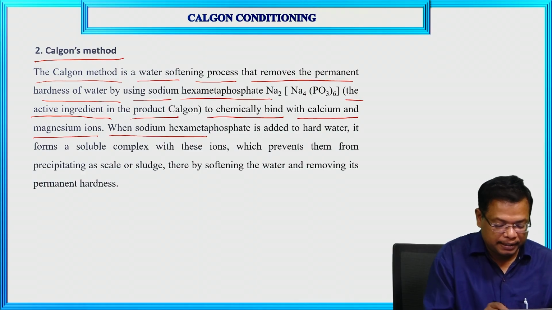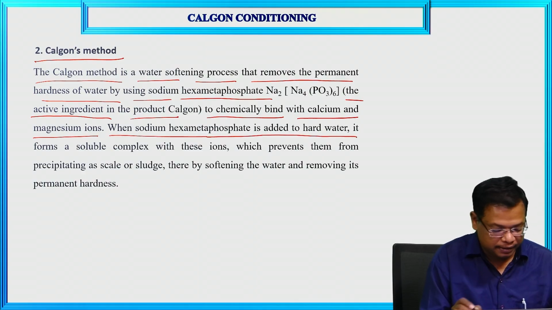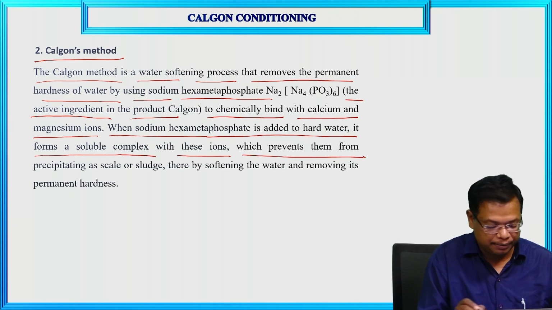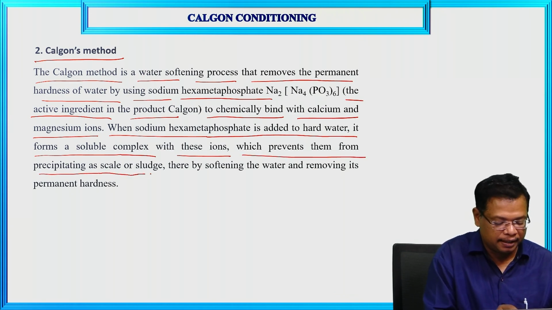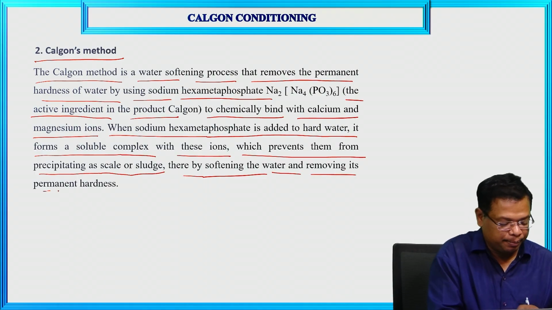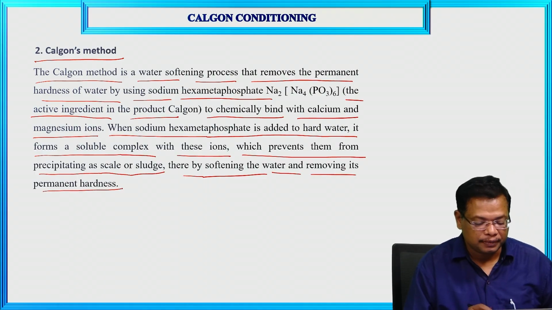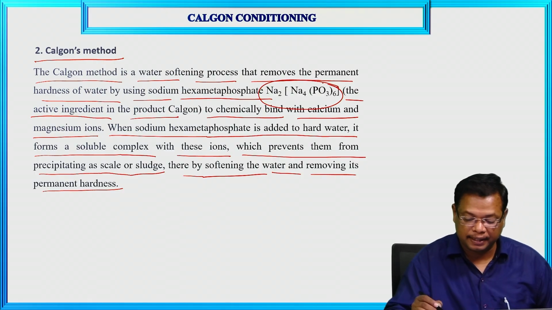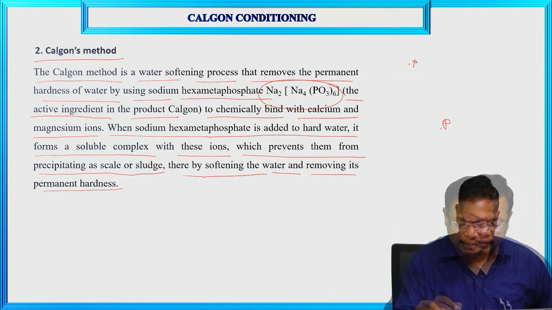When sodium hexametaphosphate is added to hard water, it forms a soluble complex with these ions, which prevents them from precipitating as a scale or sludge, thereby softening the water and removing its permanent hardness. So what is the use of this chemical? Actually, the chemical structure is like this.